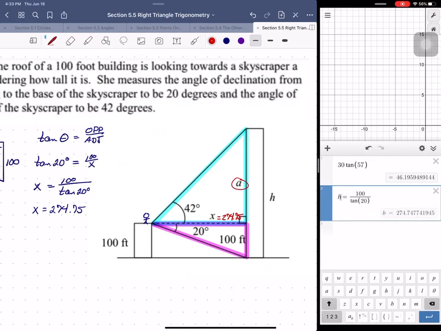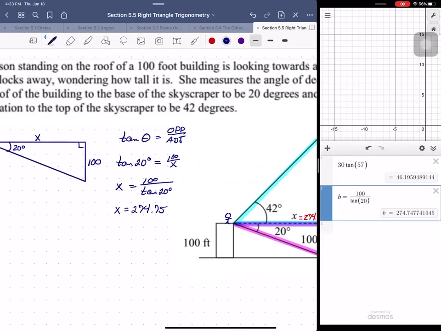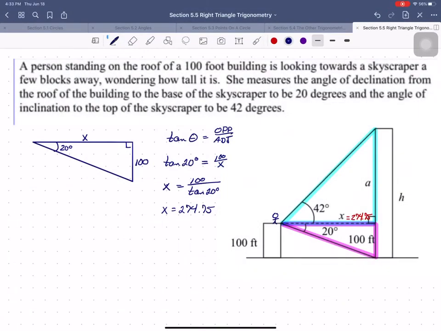Let's use b. Okay. I can do that because I know now that I've got a different right triangle to work with. I am now going to be working with the upper right triangle, which looks like this.